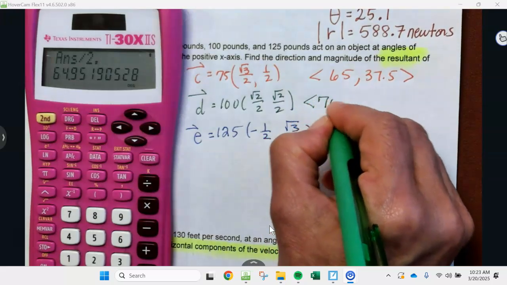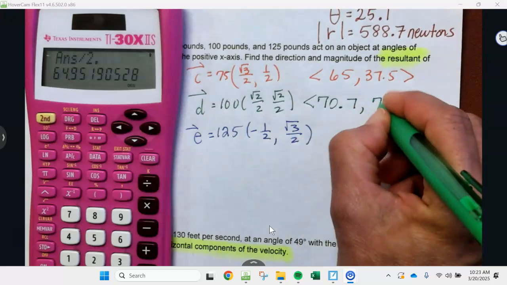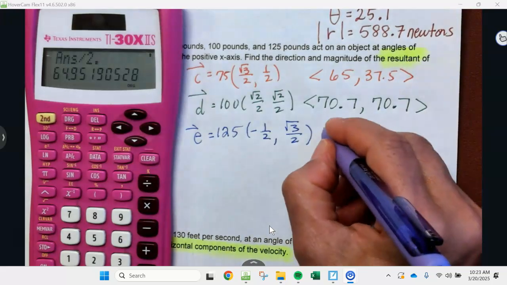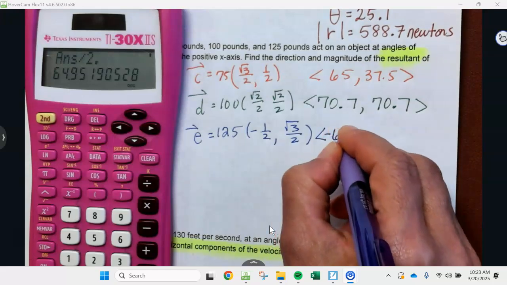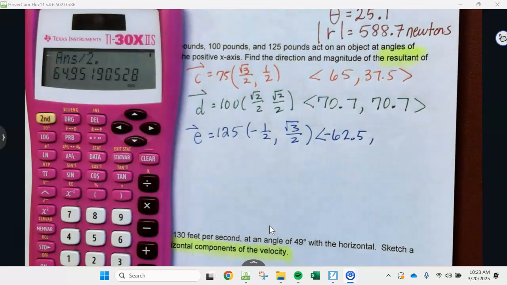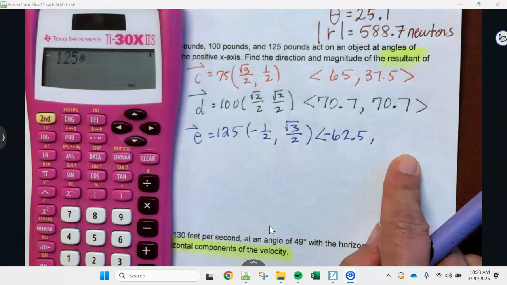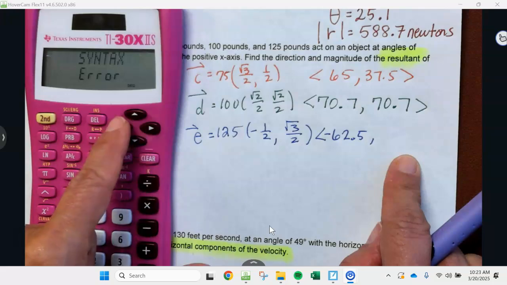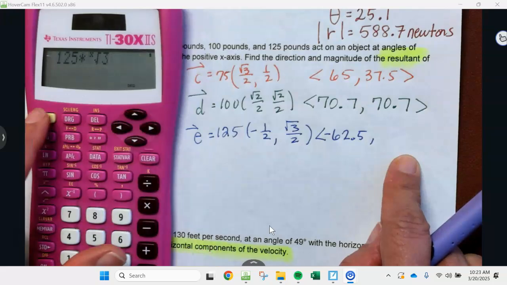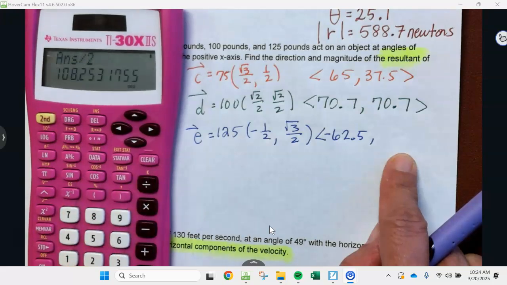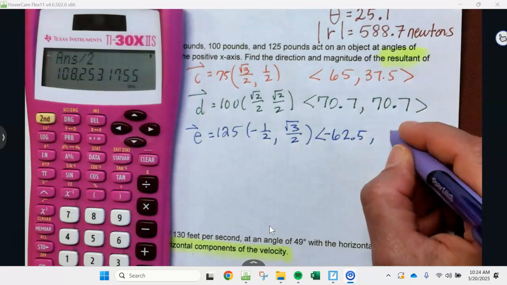Make sure you get this. Do that now, 70.7. Make sure you're set on that calculator. All right, my last component, 108.3.